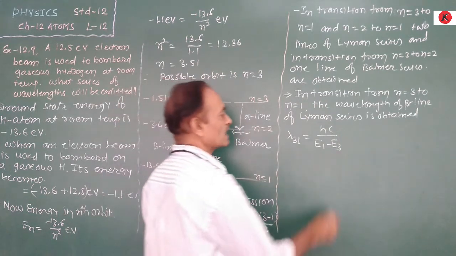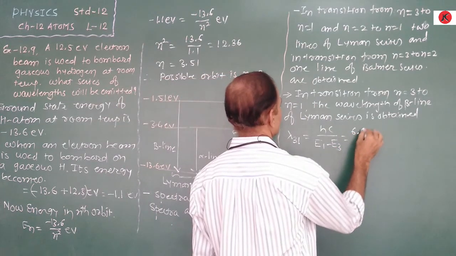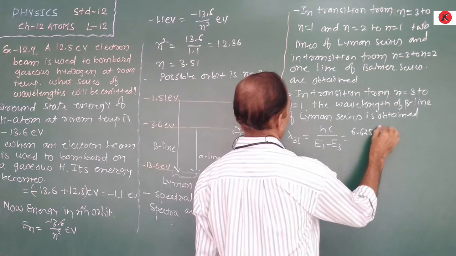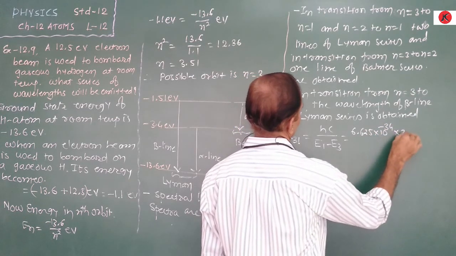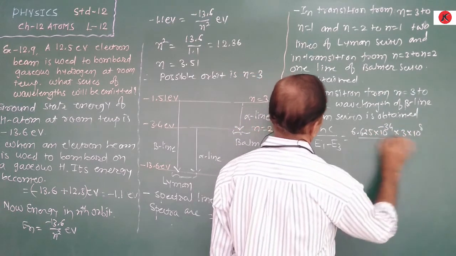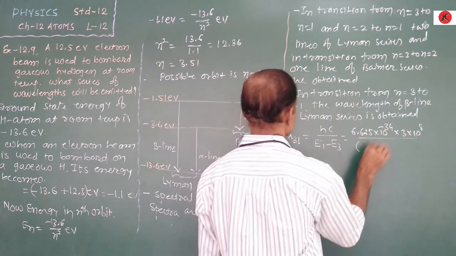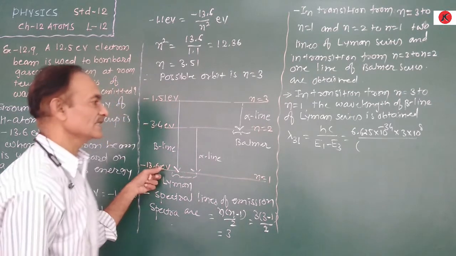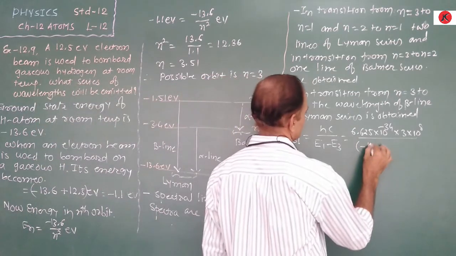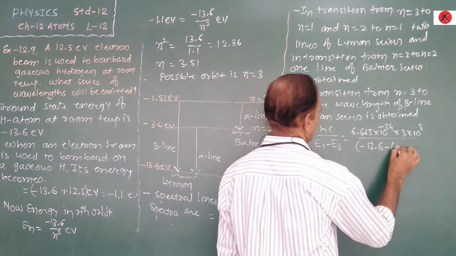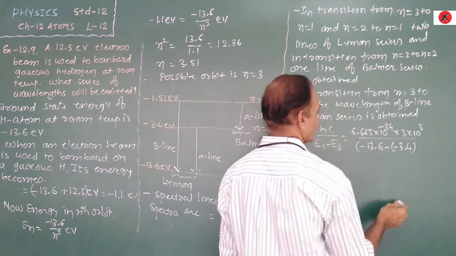Here h is Planck's constant, 6.625 into 10 raised to minus 34, c is 3 into 10 raised to 8, upon E1 minus E3. E1 is minus 13.6, and E3 is minus 1.51 electron volt.